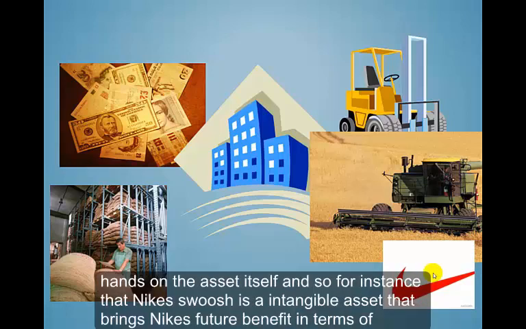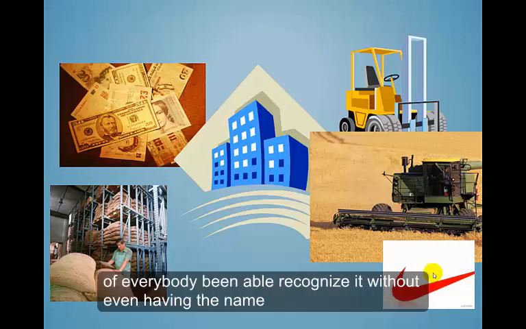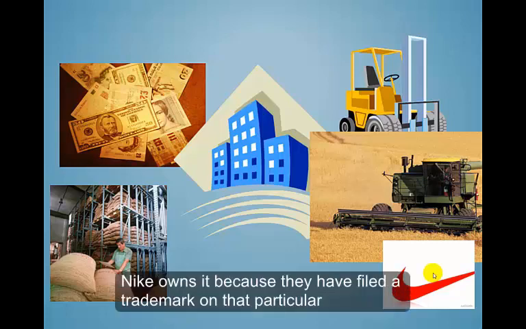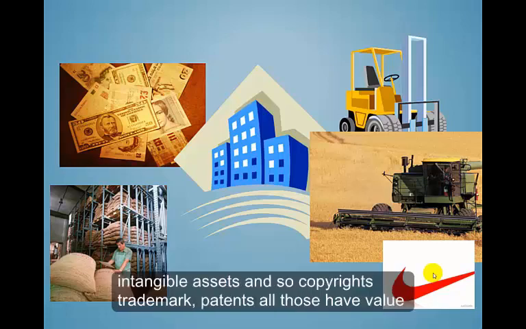For instance, the Nike swoosh is an intangible asset that brings Nike future benefit in the terms of everybody being able to recognize it without even having the name. It is used in advertising. It has value. Nike owns it because they have filed a trademark on that particular intangible asset.